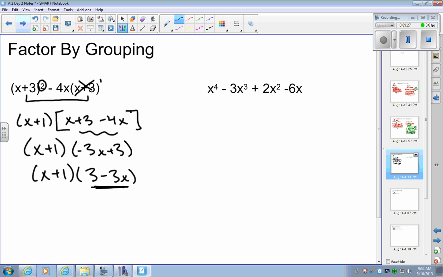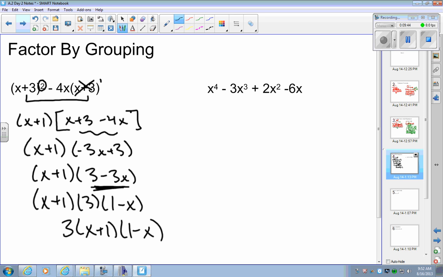I don't think the book will have a lot of these, but notice that it does have a GCF with it. So we should take care of that as well. So let's pull out the 3. You're left with a 1 minus x. And then we should move the 3 to the front. Okay. Again, you can check that in the calculator and make sure it's correct.